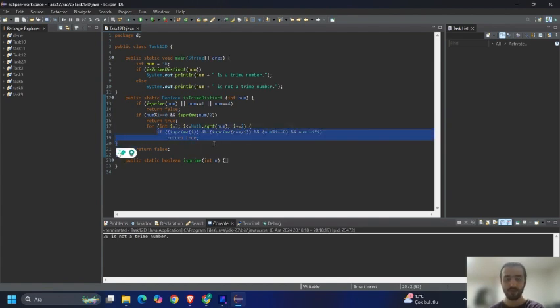Inside of the loop, here we have this condition: isPrime I, and num mod I equals 0, and num not equal I times I. That's actually the whole thing that goes on.